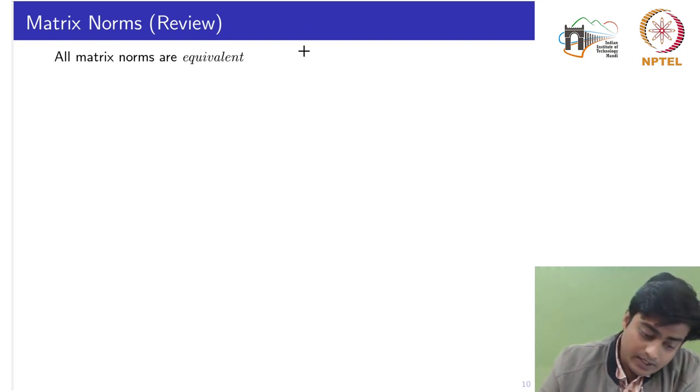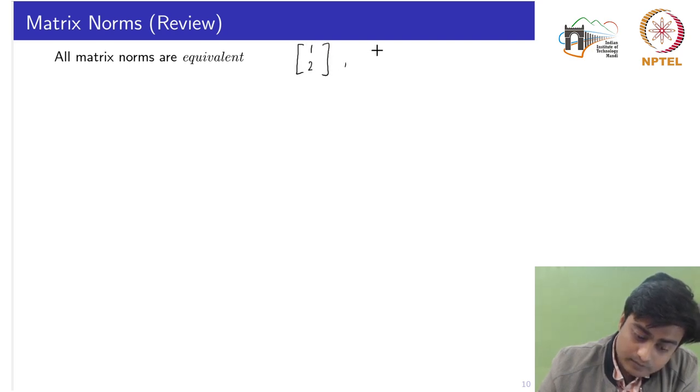Say for example, let's talk about vectors. Let's say we have one vector [1 2], another vector [2 3], and another vector, let's say [3 1].